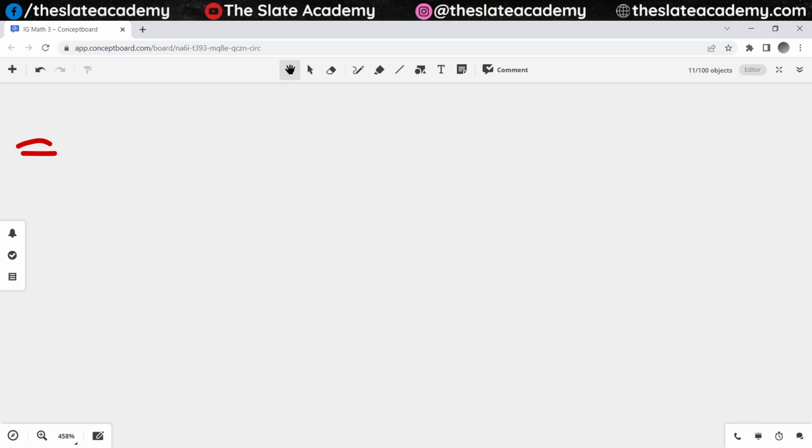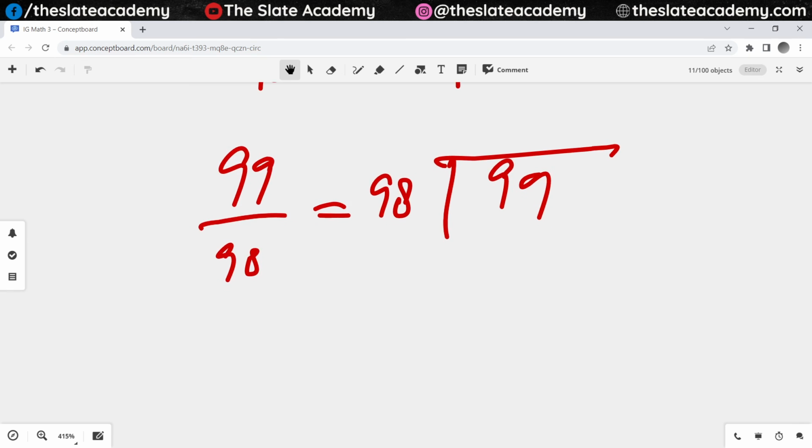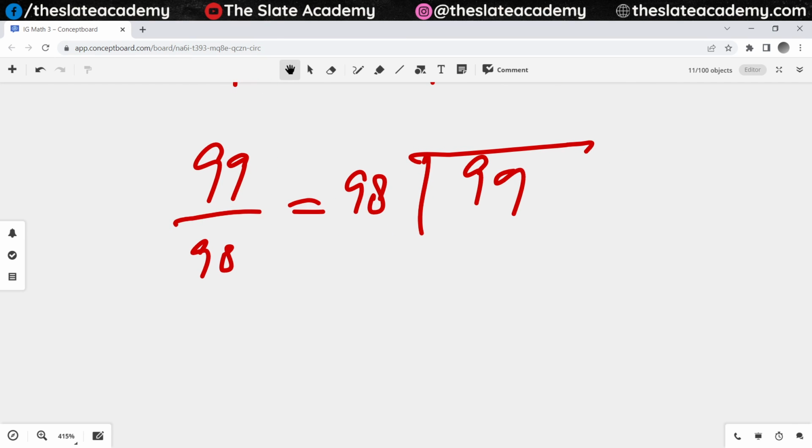Okay. So for the first one, I would solve it for you and I'd give you another one in its place. So if I divide 99 over 98, so 99 is inside, I have 98. 98, how many times 99? What's the closest I can get? Miss Anam? 1.